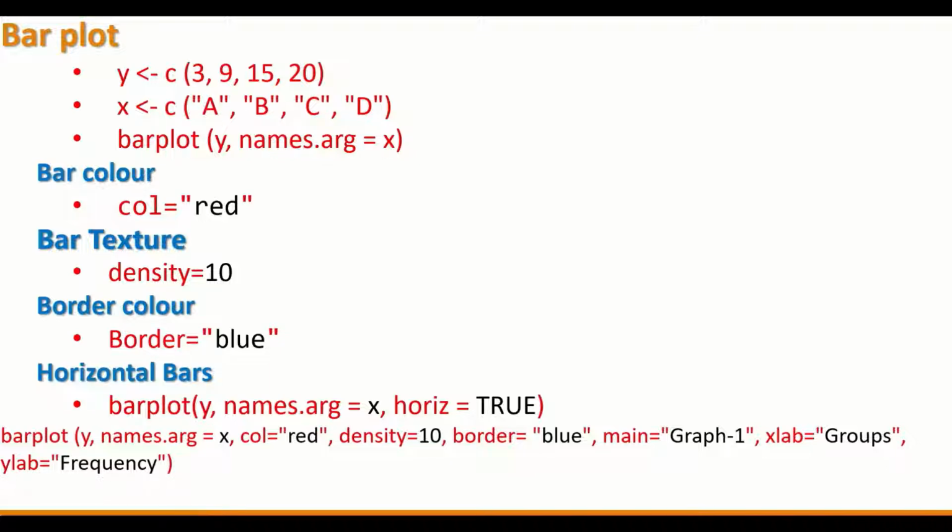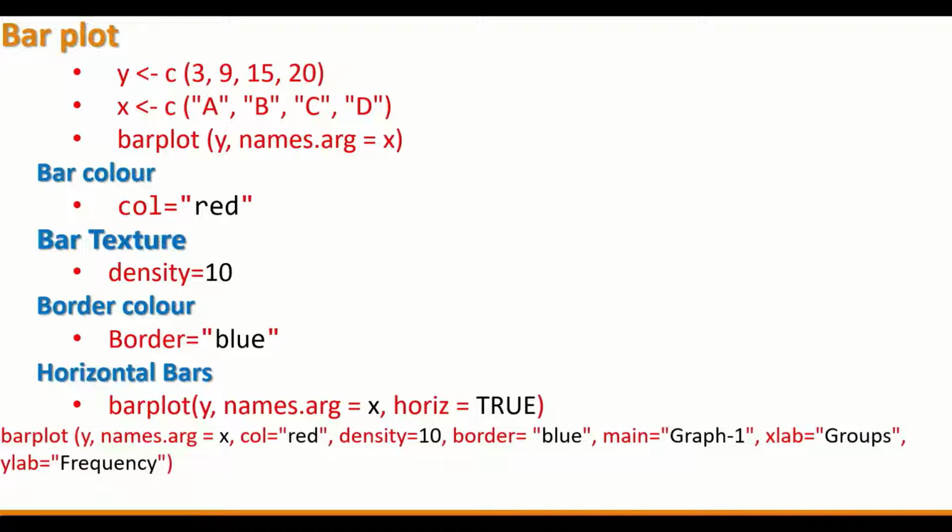To draw the bar chart, use the command barplot, bracket, y, comma, then insert the command names.arg equal to x. The function names.arg will insert names underneath each bar in a chart. Also, to change the color of the bar in the chart or diagram, use the command col equal to red, blue, green, and so on.